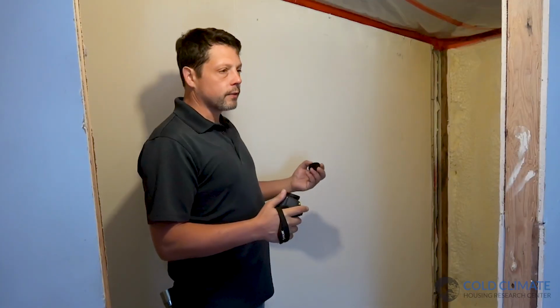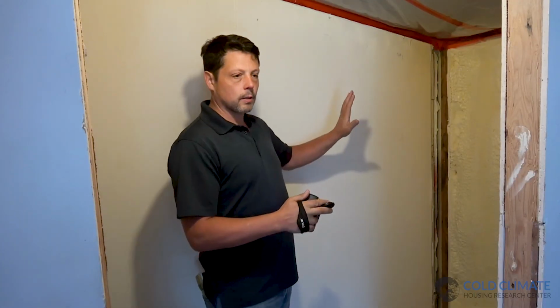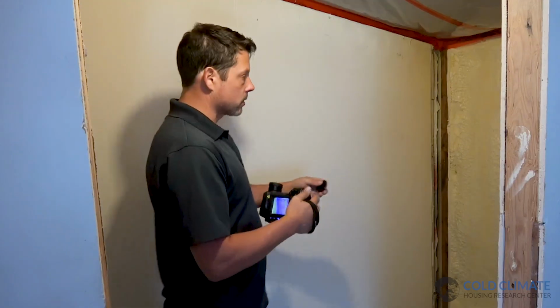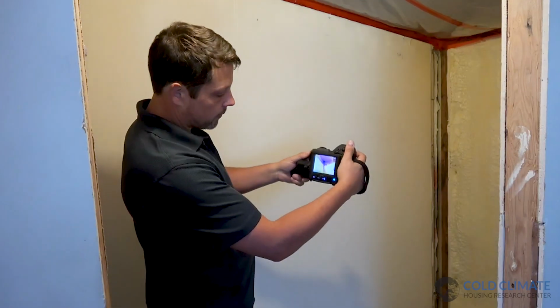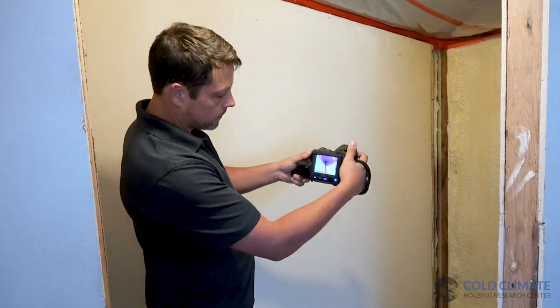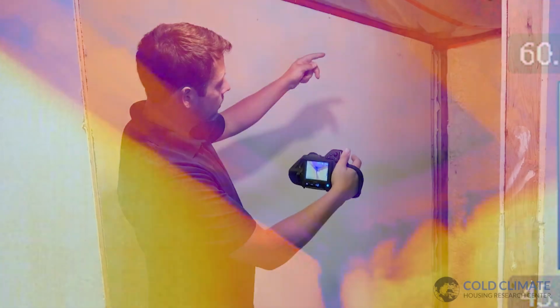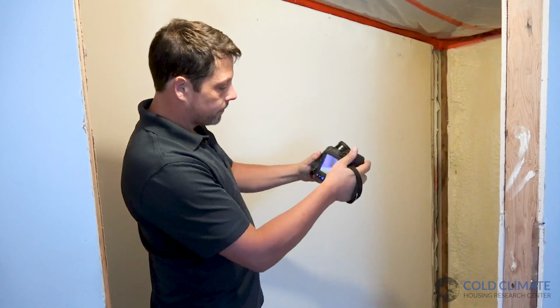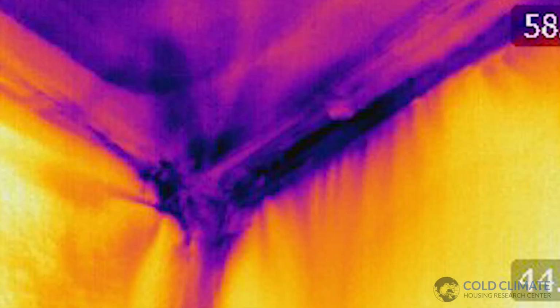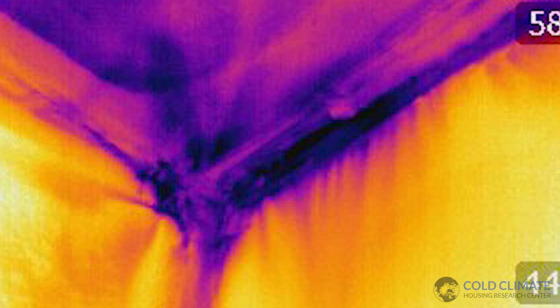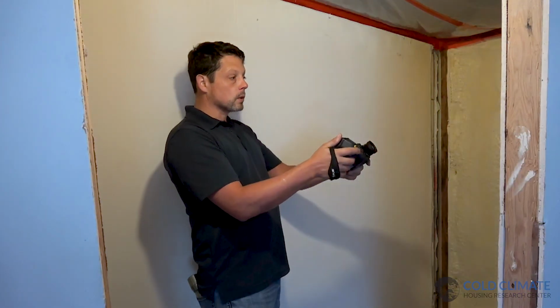There's different ways to find air leakage. We can feel it with our hands. We can also look at it with a thermal imaging camera if you have it. And we've identified air leakage at some vapor barrier joints at both walls where it's not sealed at the wall ceiling joints.